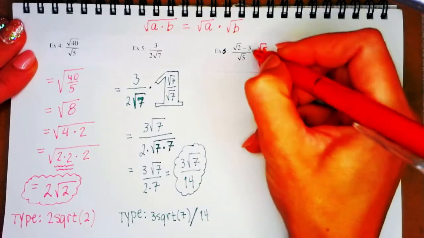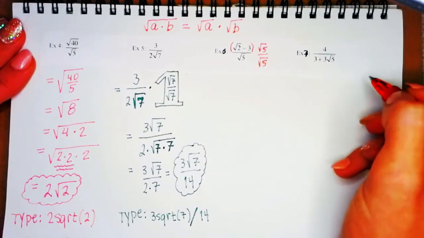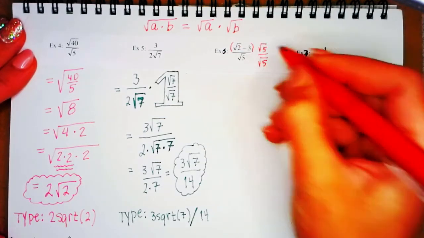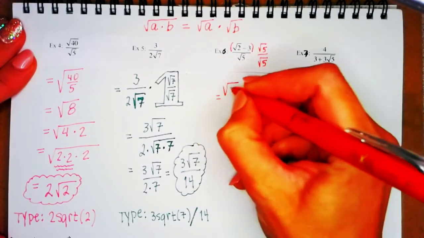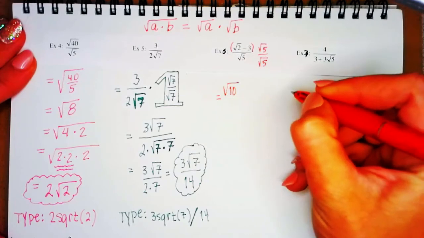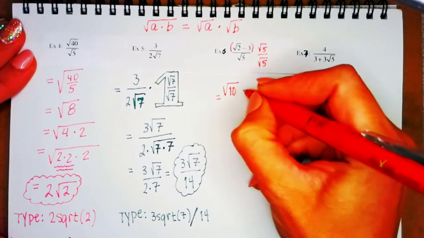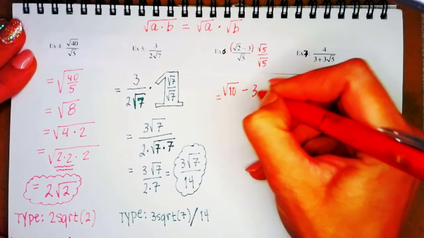When you multiply this to the numerator, we need to remember everyone's favorite property, the distributive property. Square root 2 times square root 5 is square root 10. They are both under a square root. We can multiply those numbers underneath one square root symbol. 3 times square root 5 will look like this.